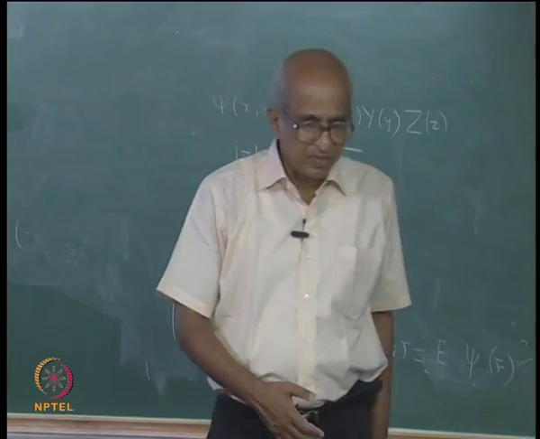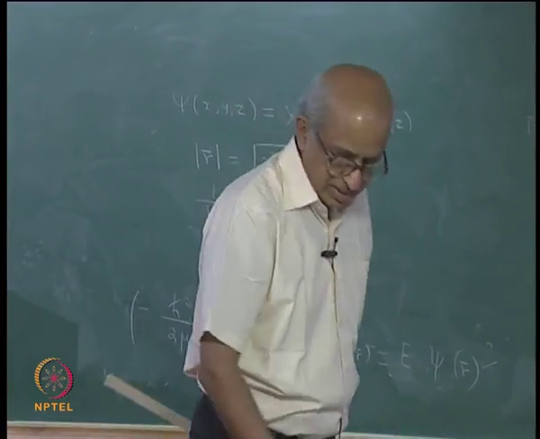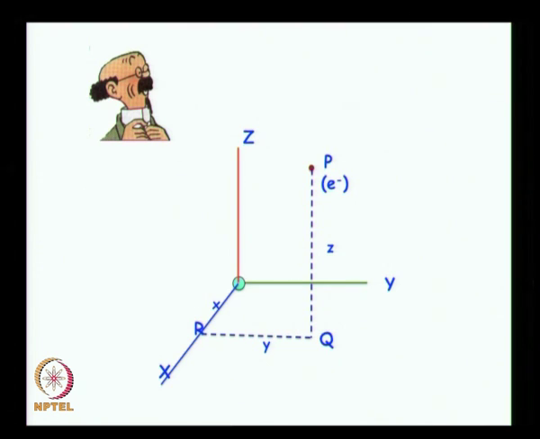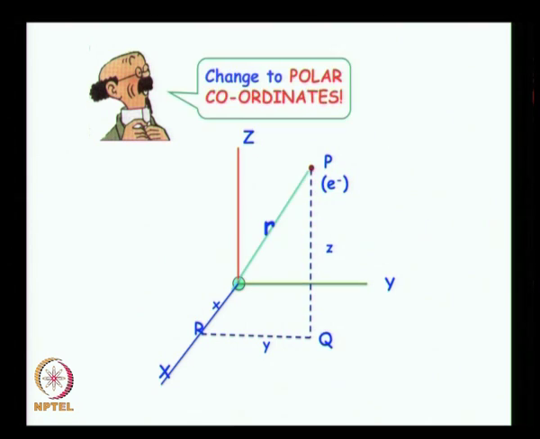Now, how are spherical polar coordinates defined, that you will see in a second. What I do is I join the point P to the origin, and denote the distance of the point from the origin by the symbol r.